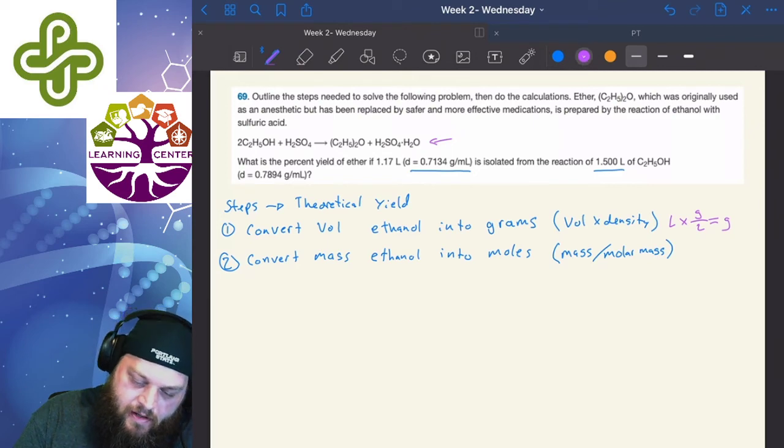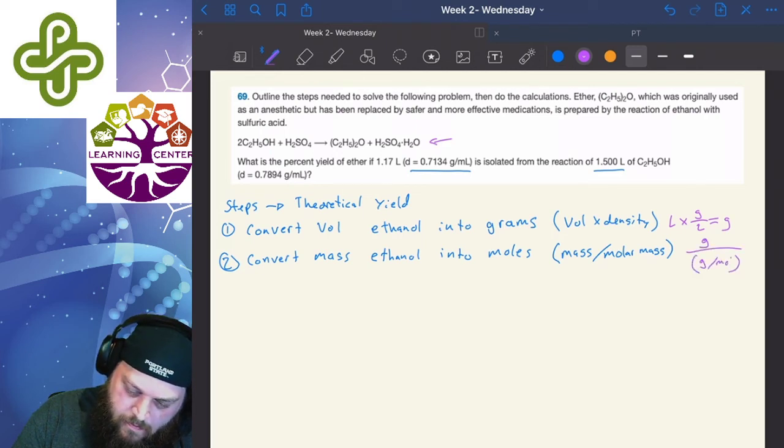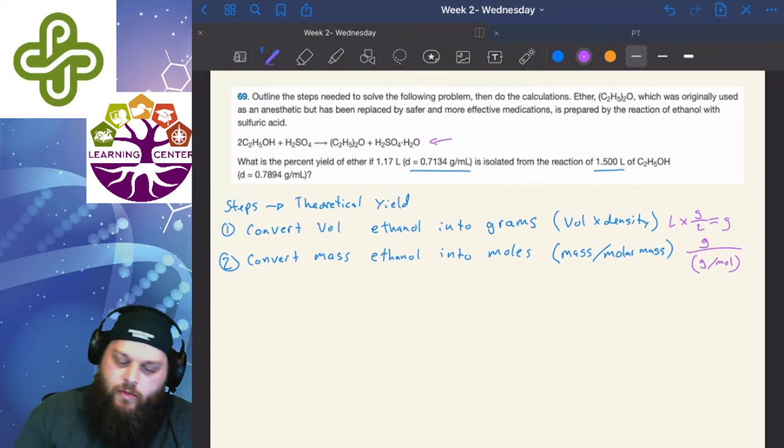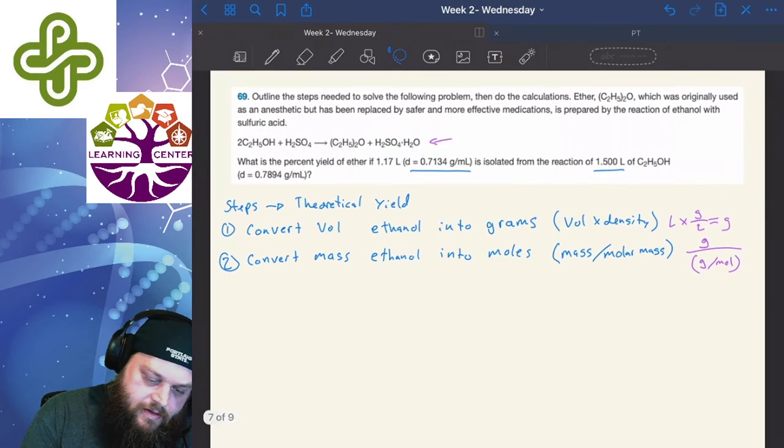I can write that here, so it's like saying grams divided by grams per mole. Let's write that better. Grams divided by grams per mole is going to equal moles. I don't have room to write that.